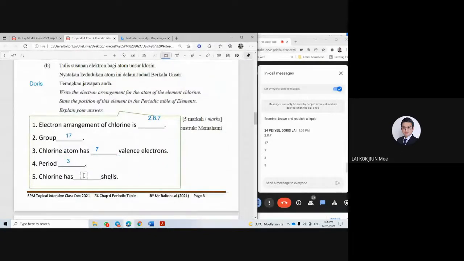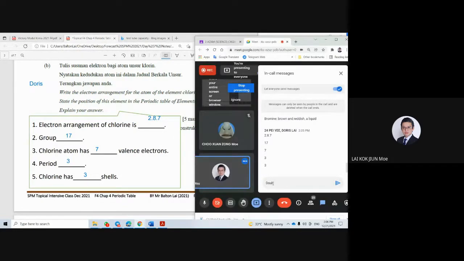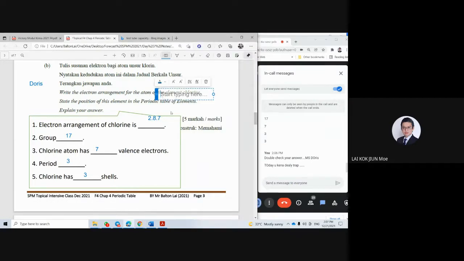Period 3 has 3 shells. Good, Doris. Do you want to double check your answer? Doris, 5 marks all correct already. Are you sure?